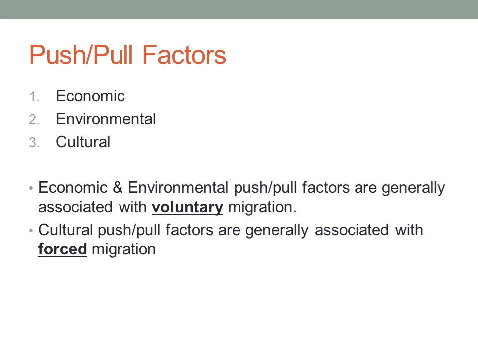So violence, warfare, civil war, conflict, political strife, all of that falls under the cultural umbrella. There are some forced migrations that do derive out of the environmental push and pull factor. Natural disasters are a great example of a forced migration that is of an environmental push or pull factor.